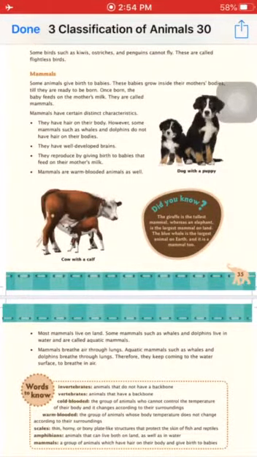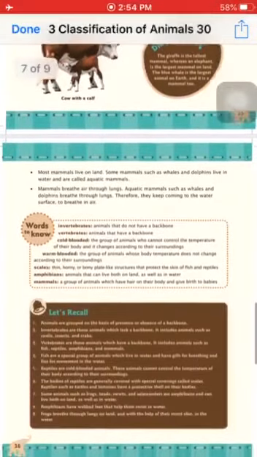In mammals, the main example is human beings, and all the features of human beings are considered. For example, a well-developed brain, hairs on the body, and they reproduce by giving birth to their young ones. Mammals are also warm-blooded animals.